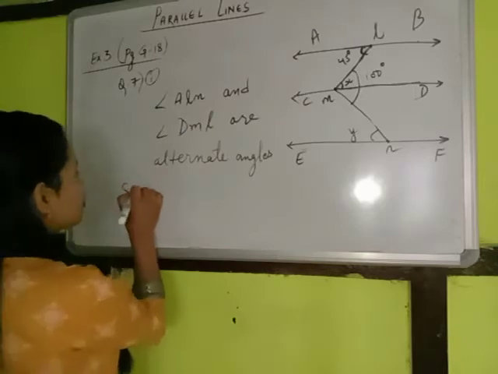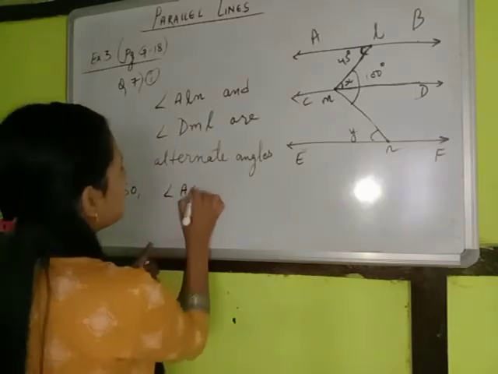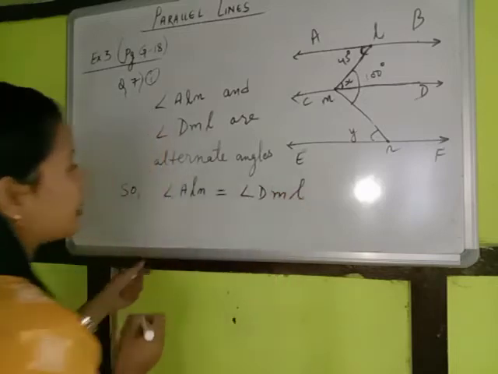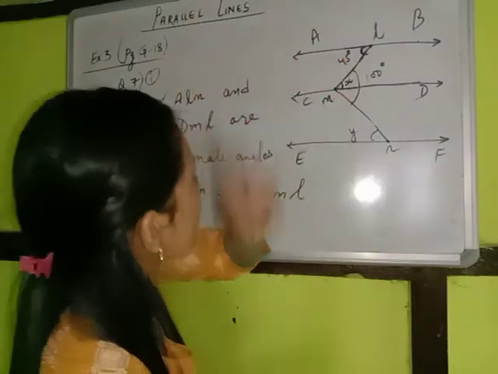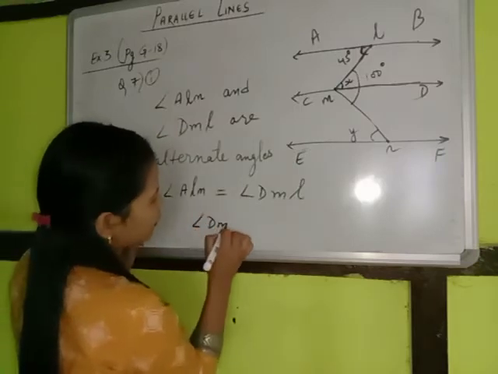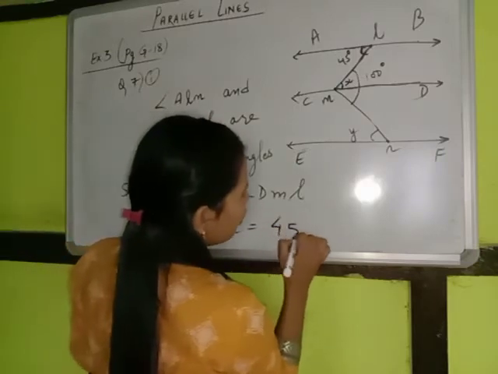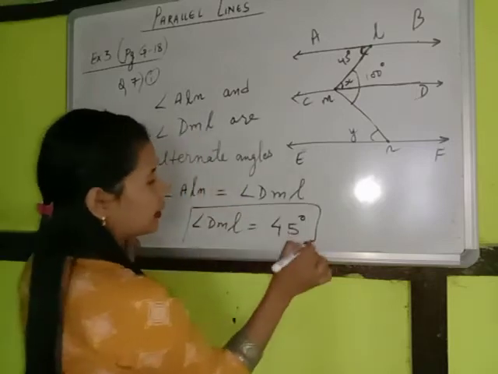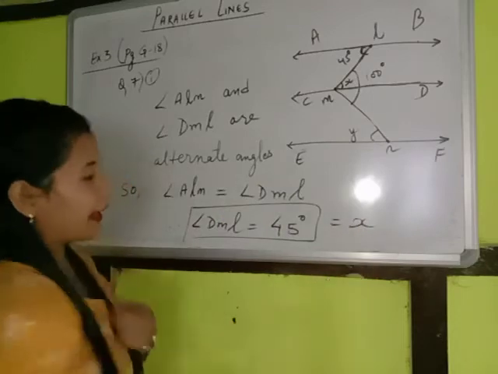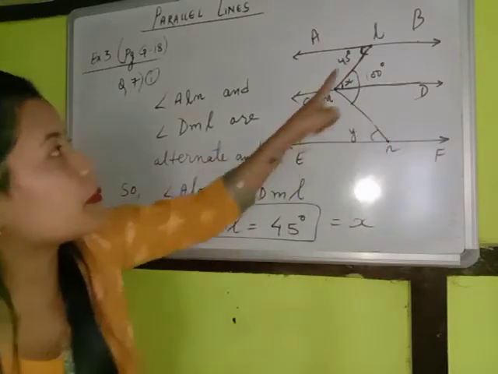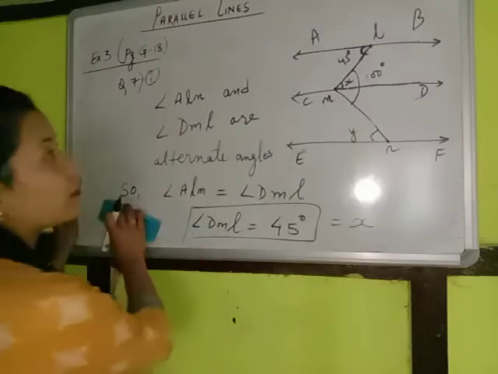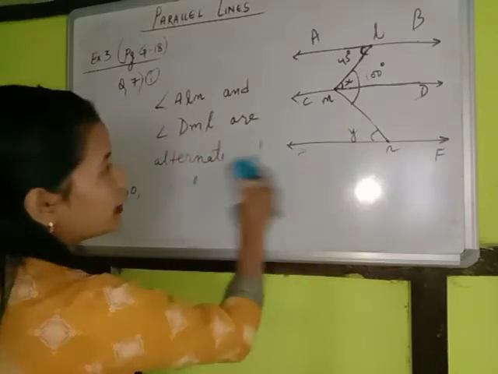So I write, angle ALM is equal to angle DML, right? So ALM's measure is equal to 45 degree. Therefore, angle DML will also be equal to 45 degree. Is that clear? So we have found out the value of x. Angle DML is nothing but x. Okay, so we have found out the value of x to be 45 degree.